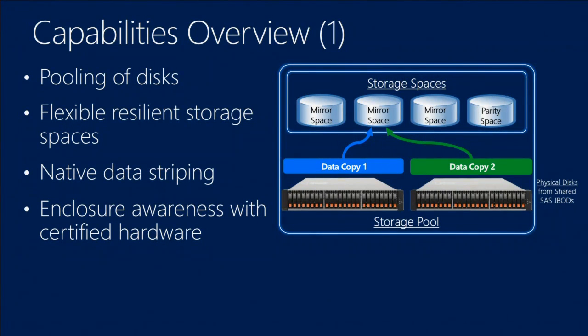So you can easily identify, oh, this disk has failed, I'm going to pull it out and I'm going to replace it. This same capability tells us which enclosure the disk is in, and it's able to separate copies of my data across different JBODs. If one of those JBODs comes down, I'll still have the other copy of the data in the other JBOD. And when I bring the failed JBOD back up, or I replace it with a new JBOD, Spaces will resync the data.